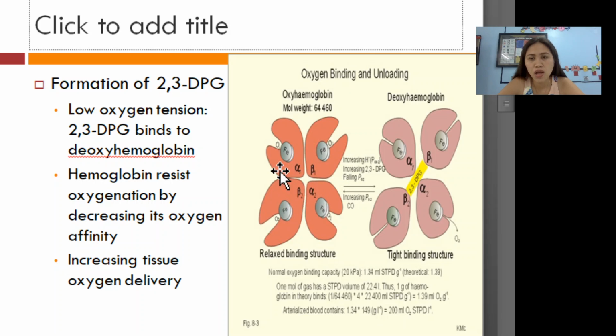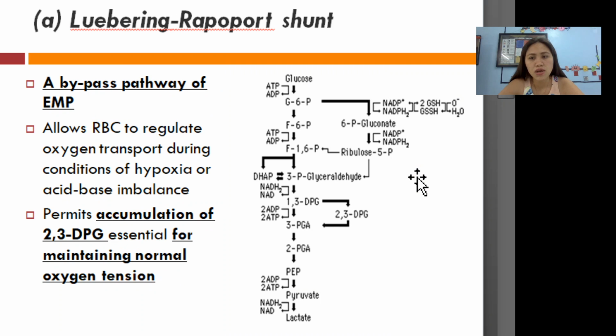Kay high man ang affinity sa imong oxygen and kaning heme. Okay? Kung walay 2,3-DPG. Kung naay 2,3-DPG, low na ang affinity. So, kung low ang affinity niya, dali na niya ma-release ang oxygen. So, that's the function of 2,3-DPG. It's essential for maintaining normal oxygen tension.